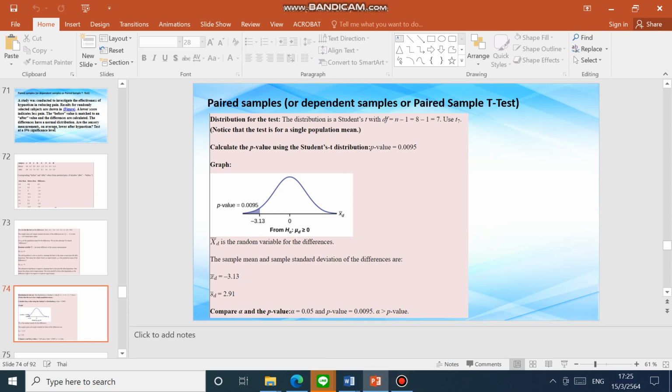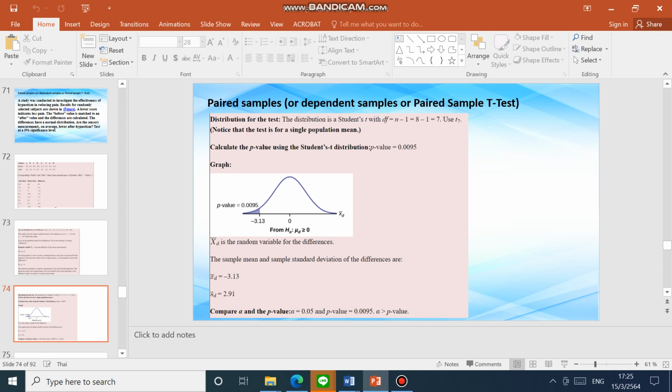Then you calculate the p-value using the student t distribution: the p-value is 0.0095. You can see the distribution curve. The p-value is equal to 0.0095.